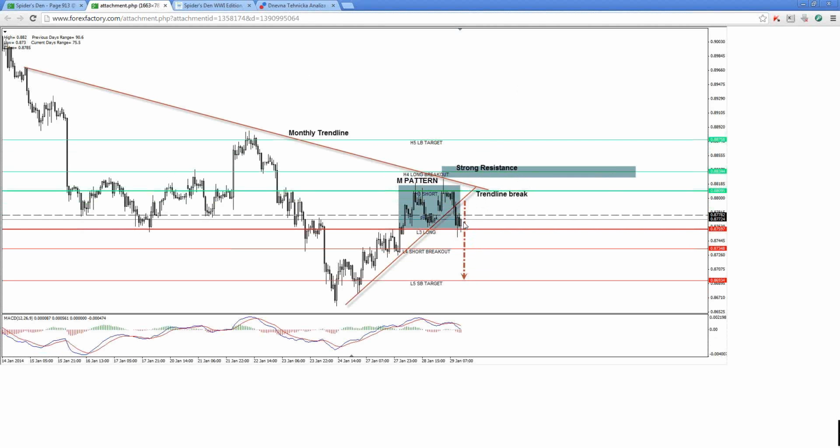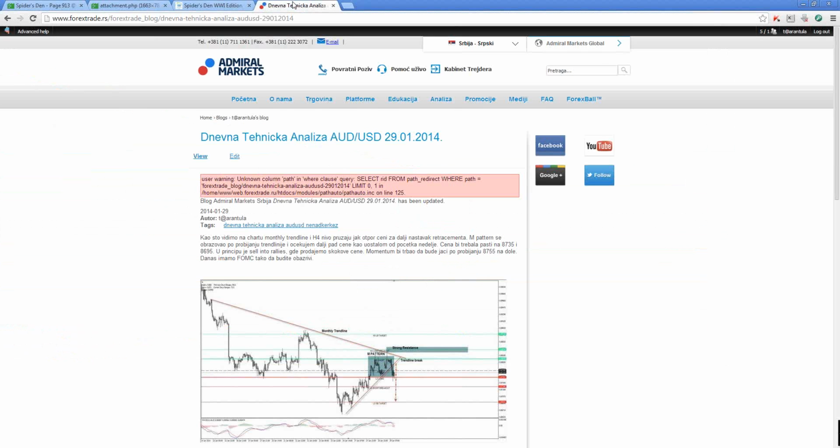After 87.75 it went down, touched 87.34, and then jumped up again. So basically the first target has been hit. I thought I had only updated the Serbo-Croatian blog in our native tongue, and that I had also updated the .com blog, but I see that I didn't.